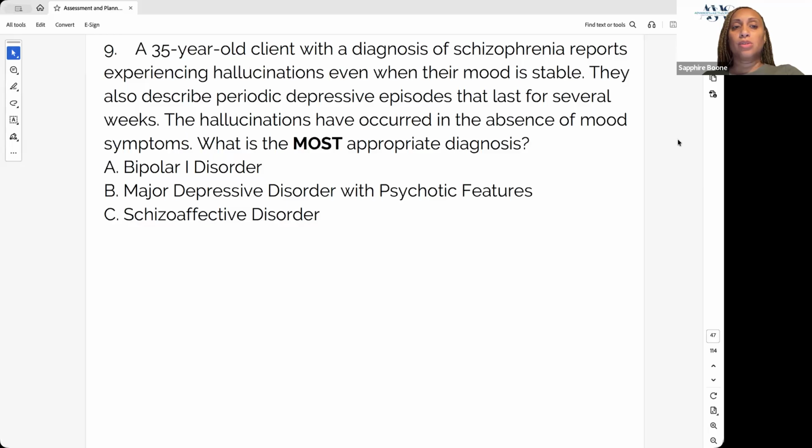They also describe periodic depressive episodes that last for several weeks. The hallucinations have occurred in the absence of mood symptoms. What is the most appropriate diagnosis? Bipolar 1, major depressive disorder with psychotic features, or schizoaffective disorder.